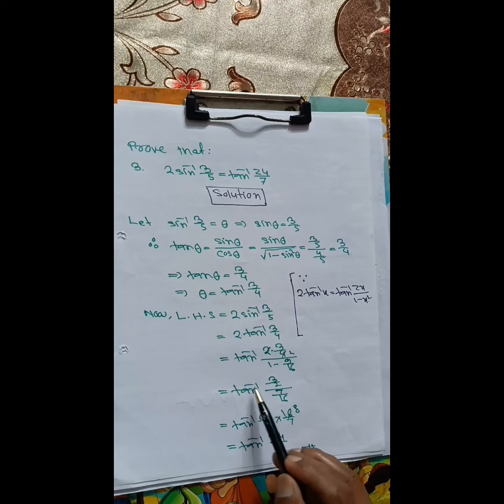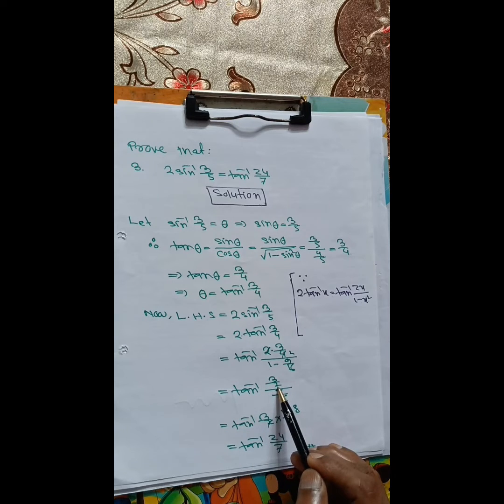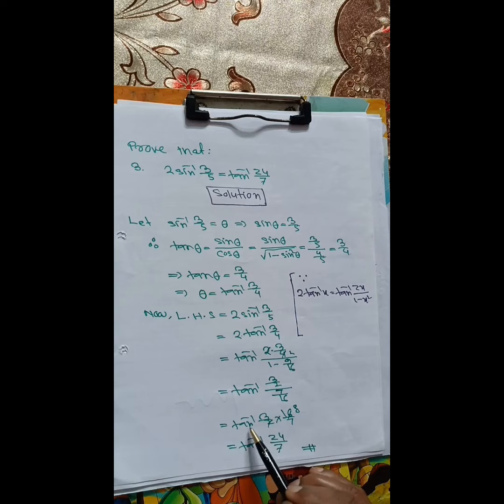Then we get tan inverse of 3/4 times 2, divided by 7/16. After simple calculation in this way, we get tan inverse 24/7. That is the right hand side of the third problem.